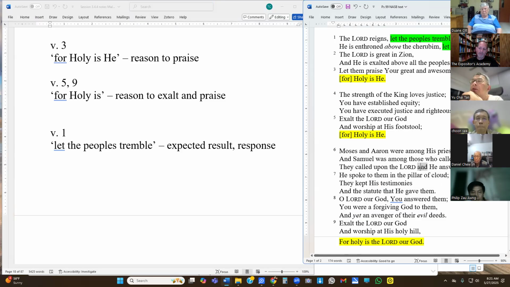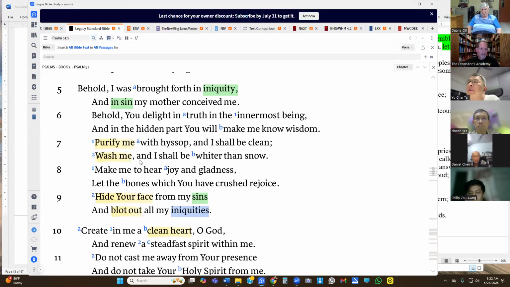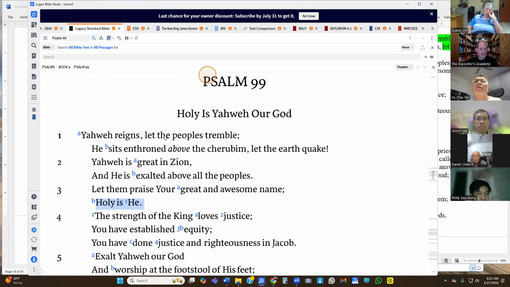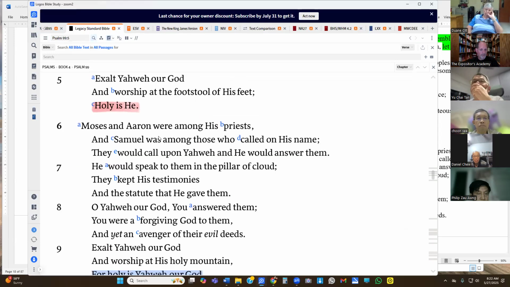But he still used and. Actually, you know what? In Hebrew, the conjunction there is usually just the same, but it can sometimes mean so. What was that verse? 6? Yep.